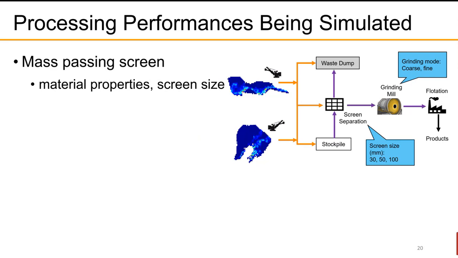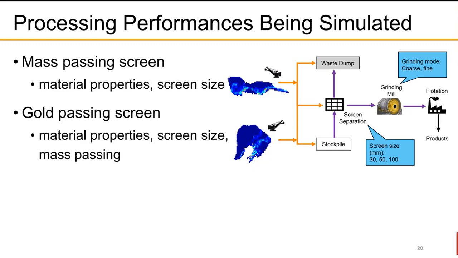And so to look at the processing performances that are going to be simulated, we have mass passing through the screen. So this is at our screen separation facility. The data that's going to be used to condition the simulation are the material properties that are entering the screen and the screen size. So that's the operating mode screen size that will have been chosen.